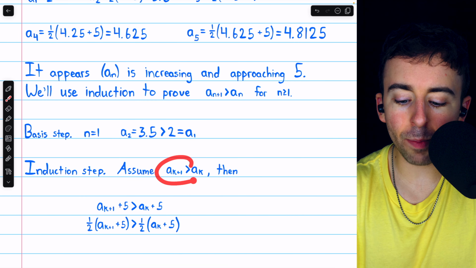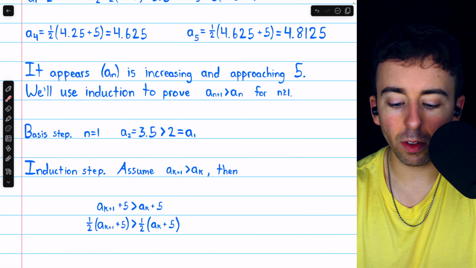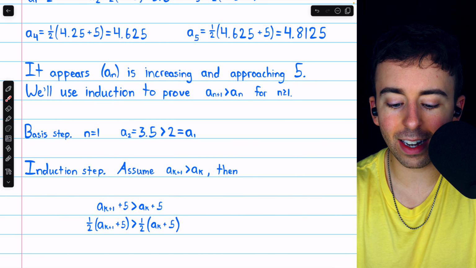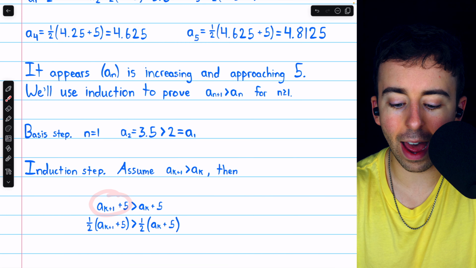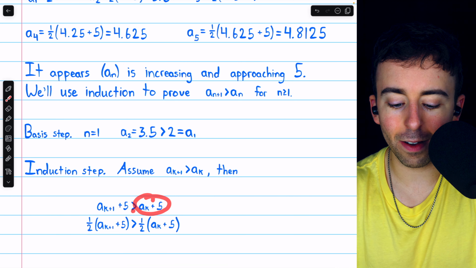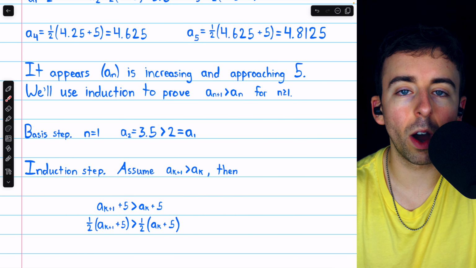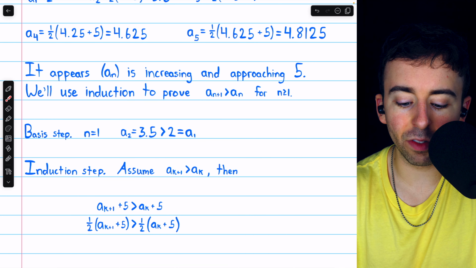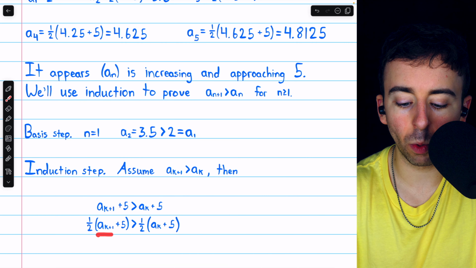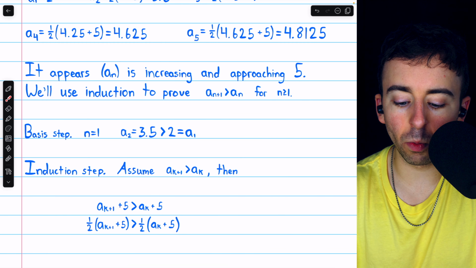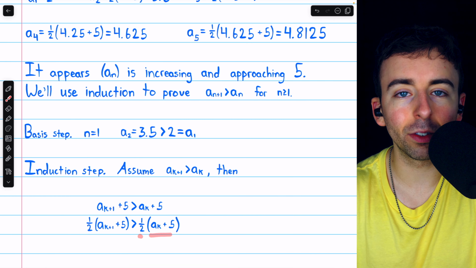Now, if a_(k+1) is greater than a_k, we can add 5 on both sides and have that a_(k+1) plus 5 is greater than a_k plus 5. But then we could also multiply both sides of the inequality by 1/2, and have that 1/2 times (a_(k+1) plus 5) is greater than 1/2 times (a_k plus 5).